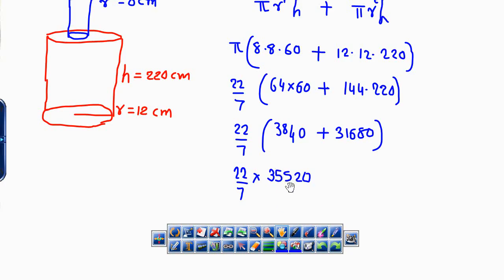So we will leave it like this. This is the volume of the entire cylinder.